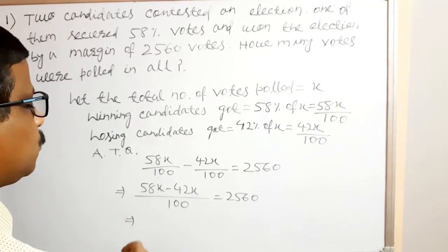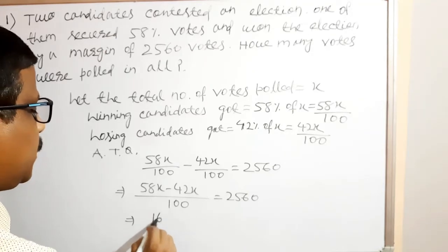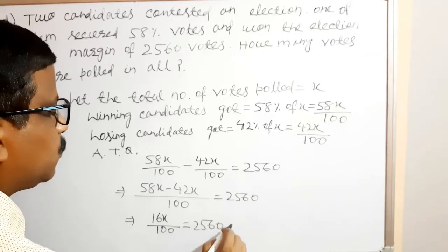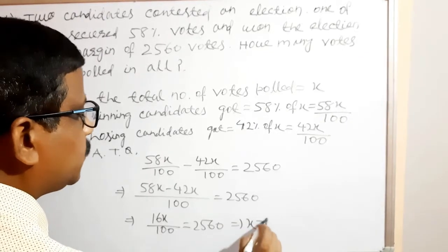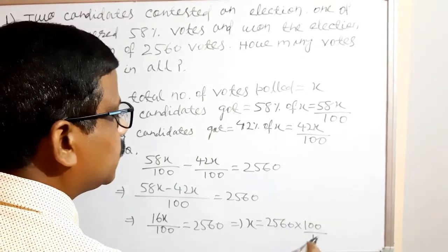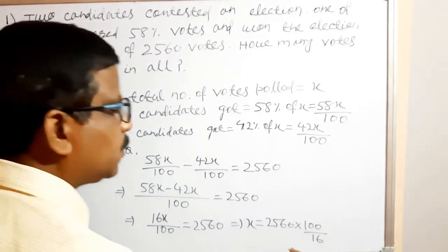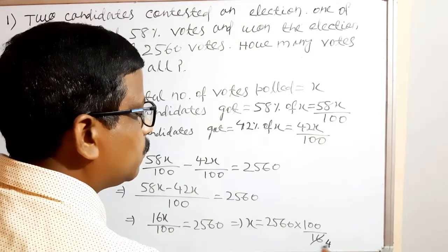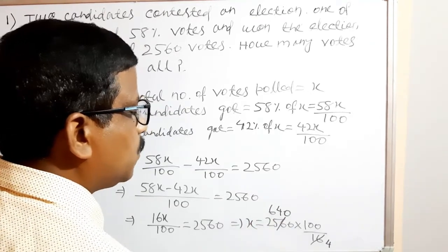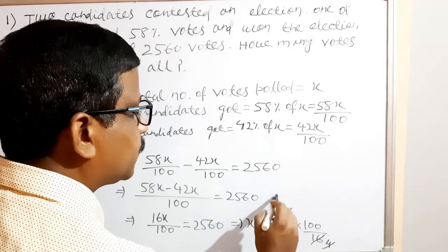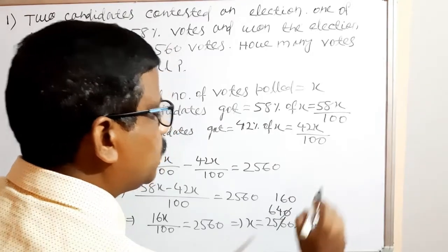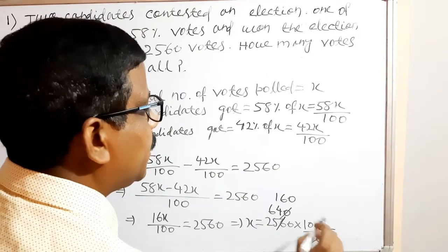58 minus 42, 16x by 100 is equal to 2560, which implies x is equal to 2560 into 100 by 16. It will cancel with 4, again cancel with 4, so it will be 160 into 100.